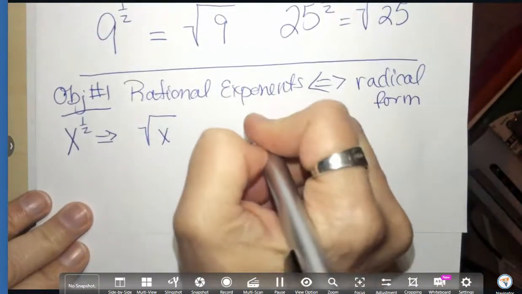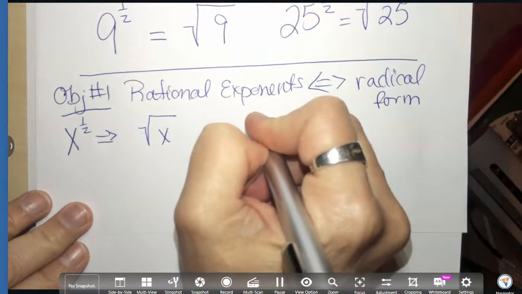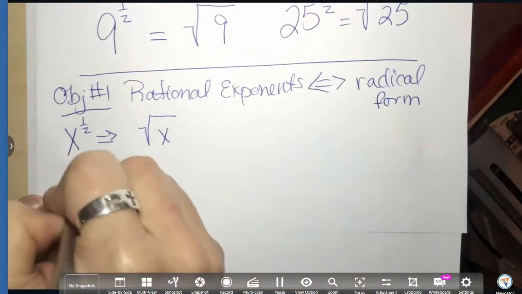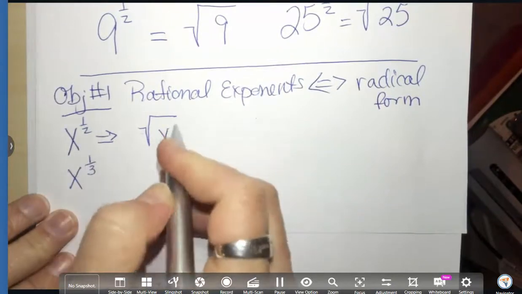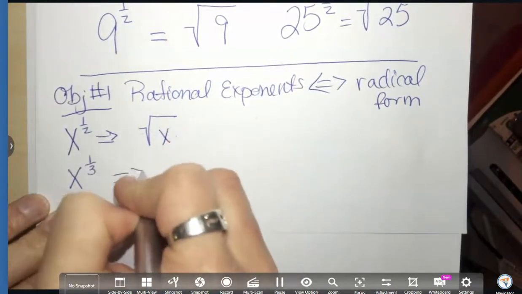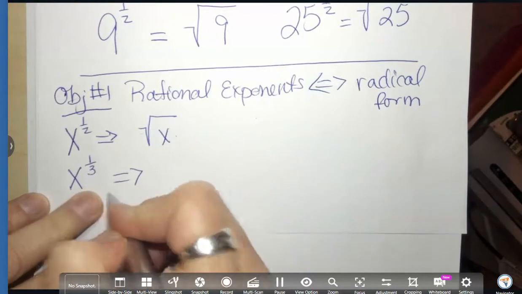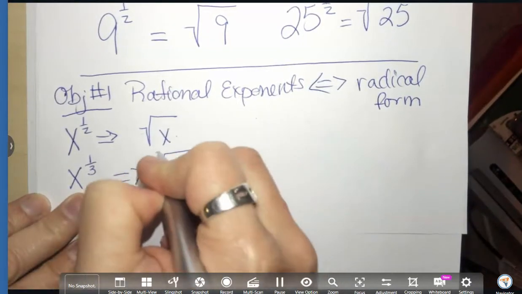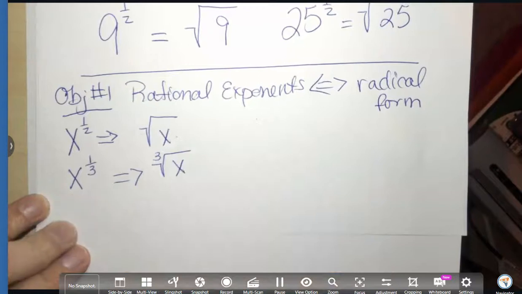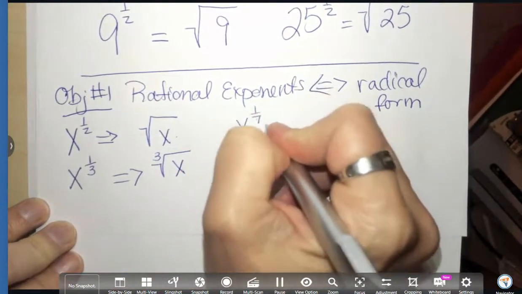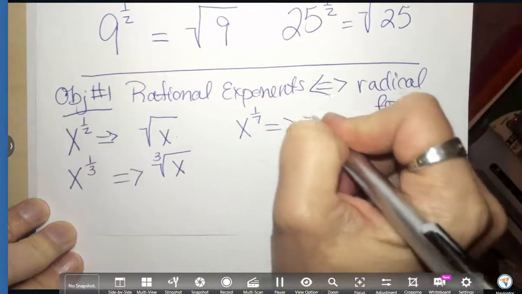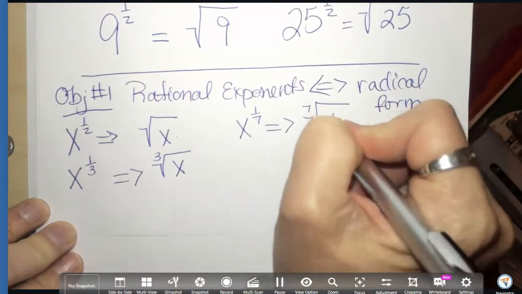So let's think about this. If I know that x to the 1/3 power, well, if x to the 1/2 power is the square root of x, then x to the 1/3 power would be the cubed root of x. X to the 1/7 power would be the same as the 7th root of x.